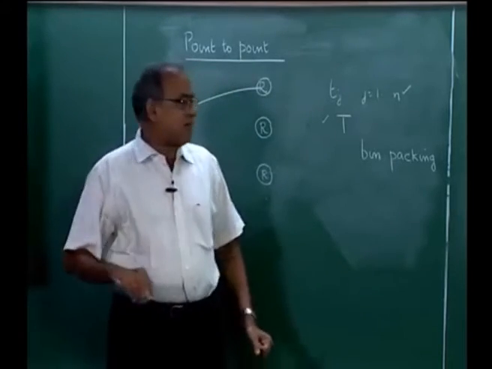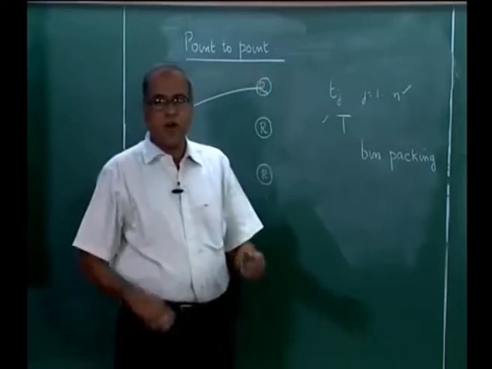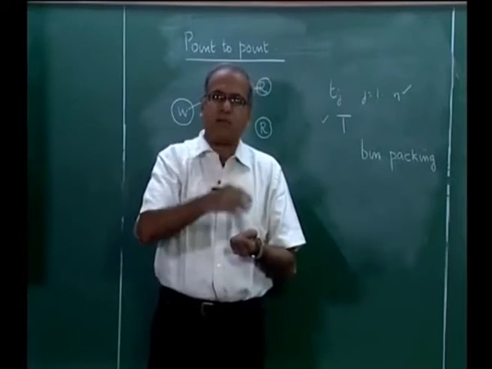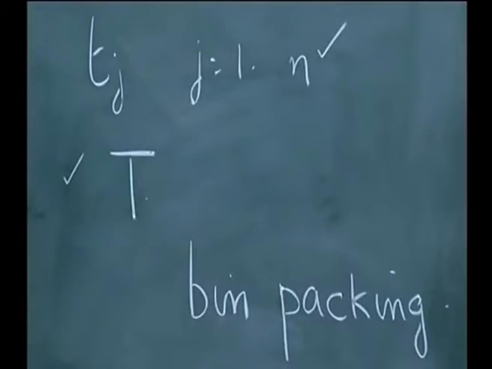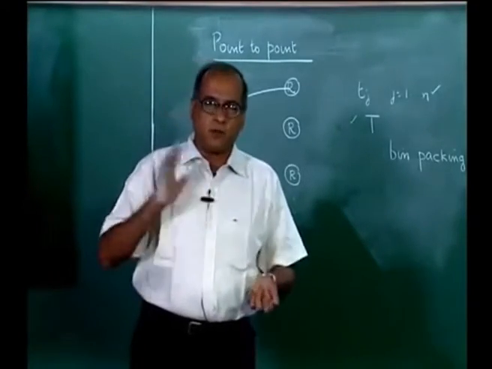The third way to look at this is, given n numbers t1 to tn, form the minimum number of groups such that the sum of the numbers in each group is less than or equal to capital T. All this is a description of what is called a one dimensional bin packing problem.